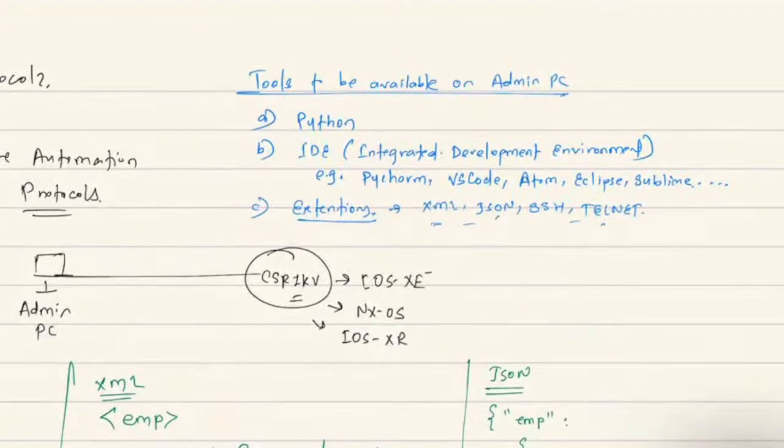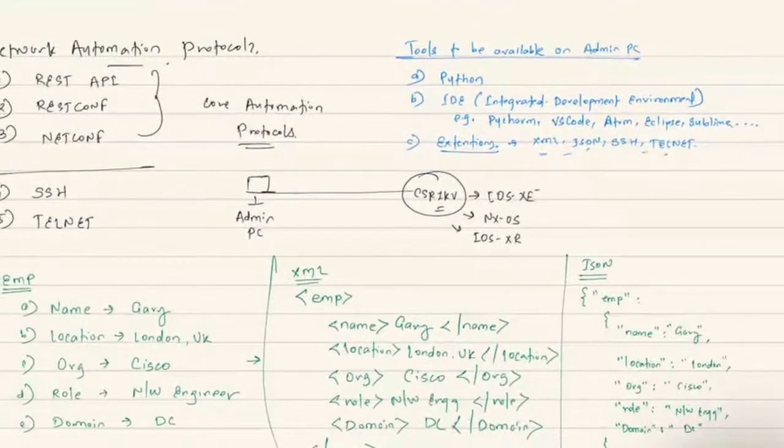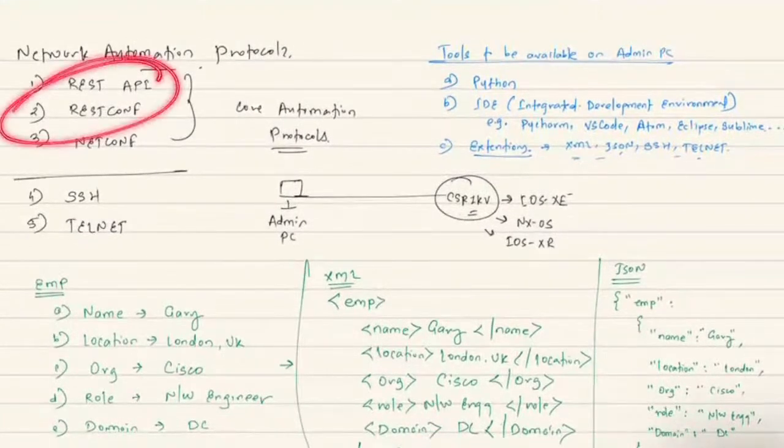There are also third-party libraries which come into play when we talk about creating connections and communication using the IDE and so on. So these are the basic tools used in order to make automation possible by using either REST API, RESTCONF, NETCONF, or normal SSH or Telnet.